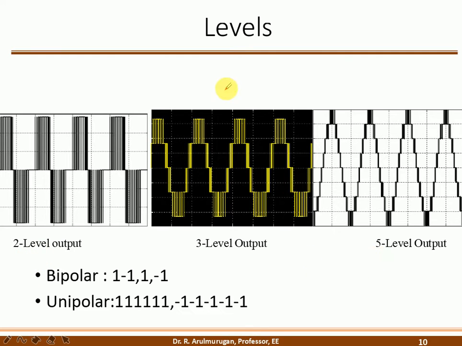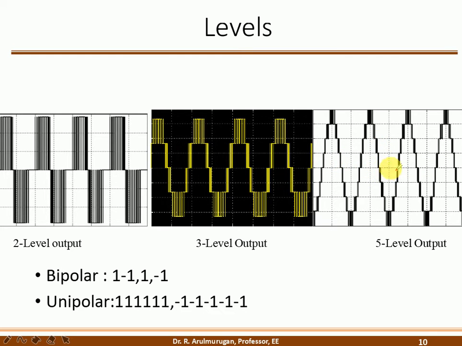The levels are nothing but staircase steps. Step number one, we are standing on one step, then two, then three. Three is the center line, the zero line. So one, two, three, like three level. Then here you look at one, two, three, four, five, like the levels.